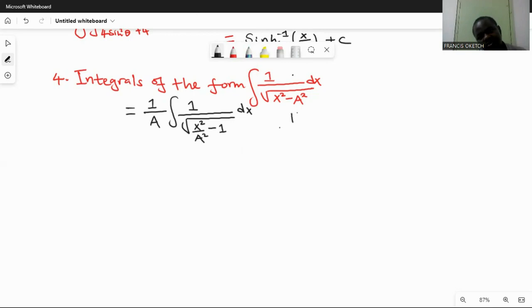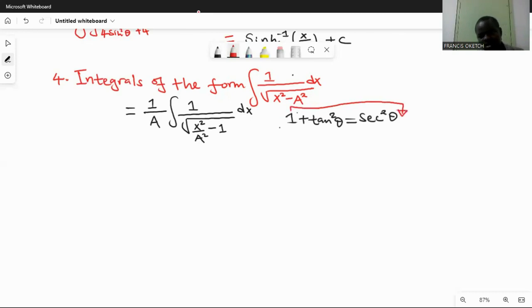That 1 plus tan squared theta should be able to give us sec squared theta. But I want something minus 1 to give me another function, so I must subtract 1. I can decide to take 1 to the right, so that I have sec squared theta minus 1 will give us tan squared theta.